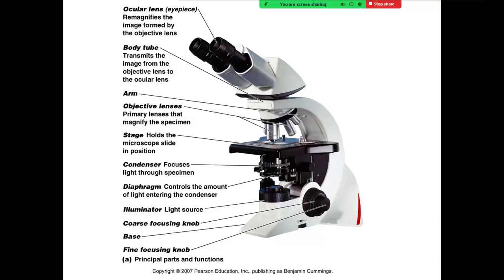The condenser lens just gives a cone of light up to where the specimen is, and then the iris diaphragm is like a shutter and can open up that cone of light or close it down. The illuminator, also called the lamp or the light source here. The coarse focusing knob, the big one, the fine focusing knob, the small one, and then the base is where you put your other hand for supporting the microscope. Any question about any of these parts?